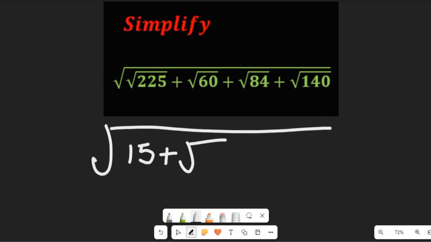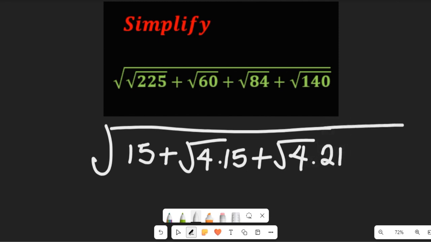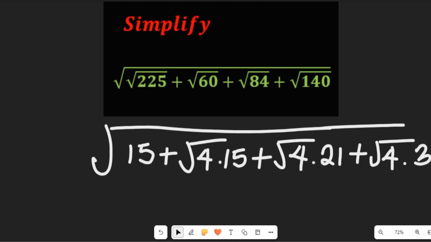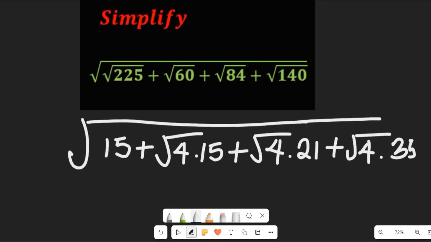We're going to have the square root of 4 multiplied by 15, plus the square root of 84, which gives us 4 multiplied by 21, plus the square root of 140, which will give us 4 multiplied by 35.